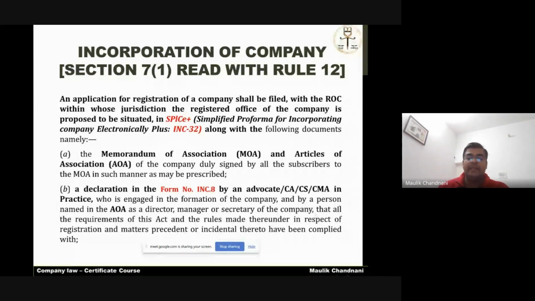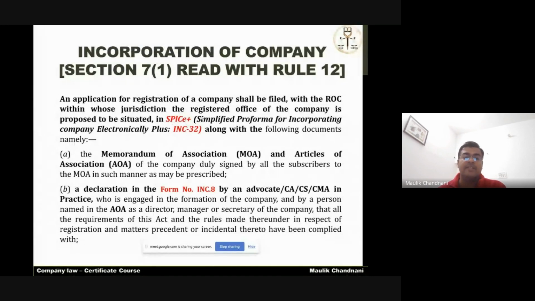Any person named in the articles as director, manager, secretary, all these persons have followed all the legal formalities relating to the incorporation of a company under the Companies Act. This declaration shall be filed along with the SPICE Plus form.